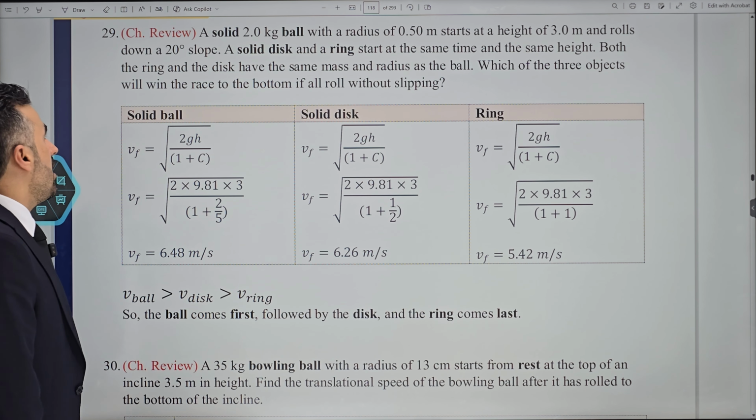And if you remember this, previously we said there is an experiment here. We did talk about this one. We said, what happens if we have three different objects?